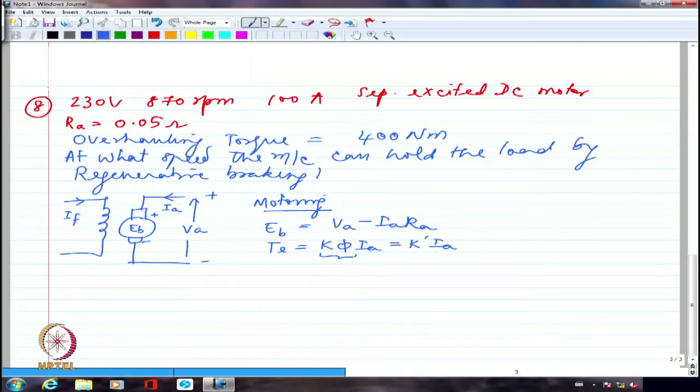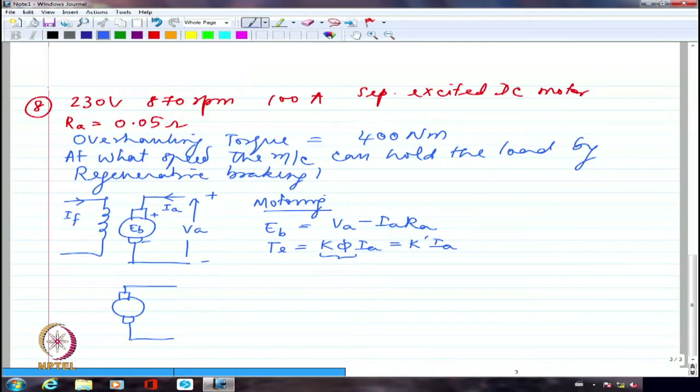Right. If I want regenerative braking to be incorporated, what I can do is, either I reduce VA. If it is like a rectifier, I would be able to put a variac or whatever and reduce VA. Or if it is like a battery, I have connected multiple number of batteries, I can remove one of the batteries so that VA will be decreased.